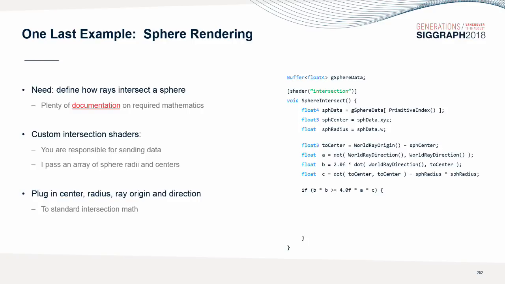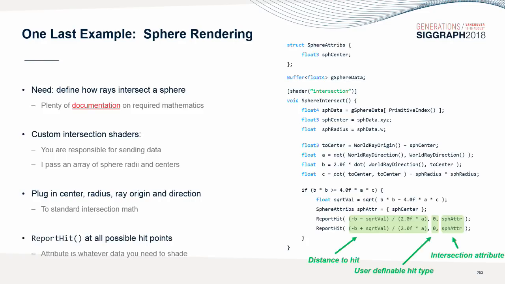This is a quadratic equation. You get A, B, and C. You plug it into the quadratic equation, and you may not hit. You may get an imaginary number, in which case you can just return. You didn't hit anything. But if you have a real solution, you call report hit. You say, aha, I found a hit. And in the case of the sphere, you actually have 2 hits, one in the front and one in the back.